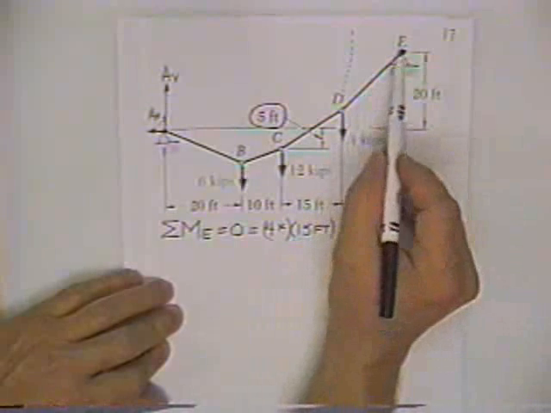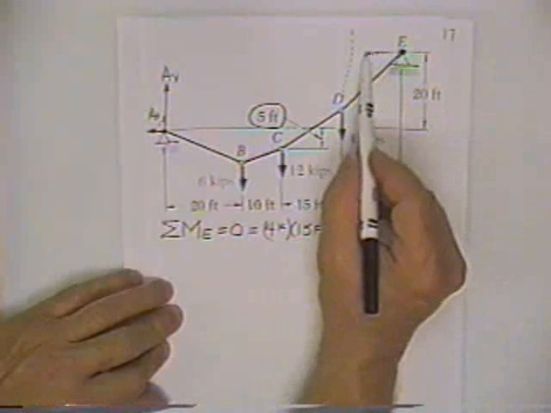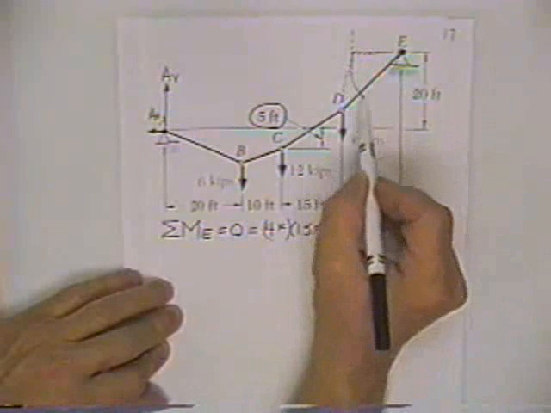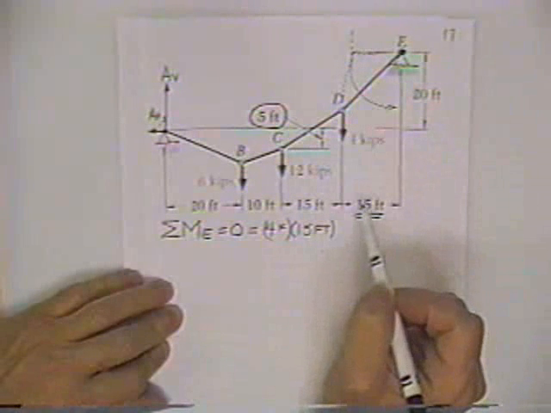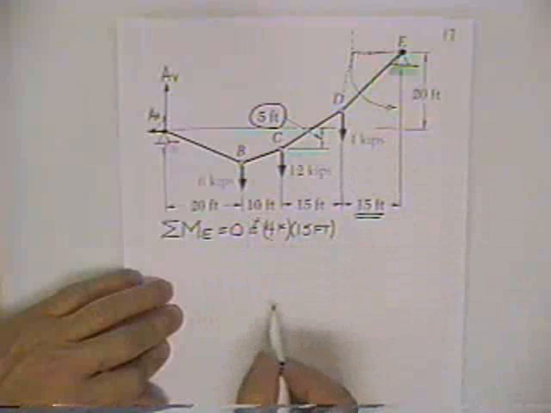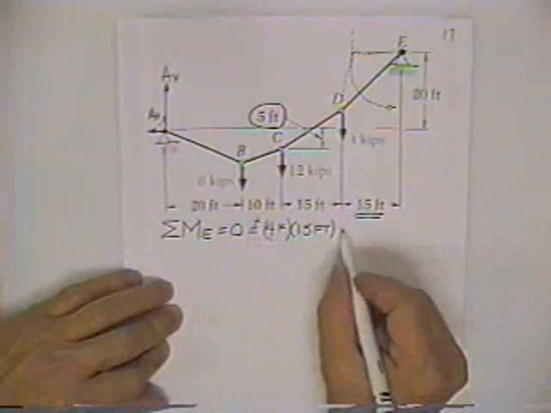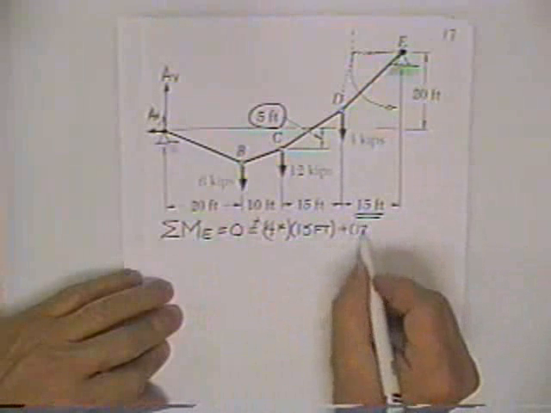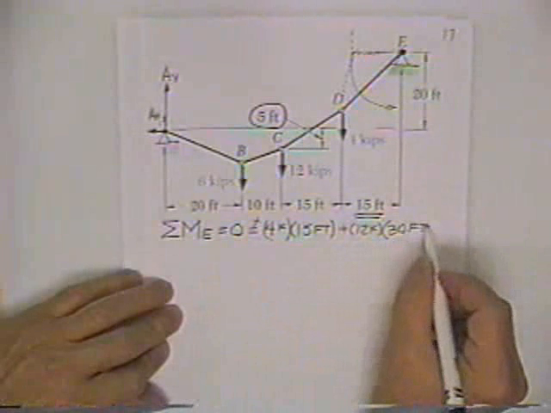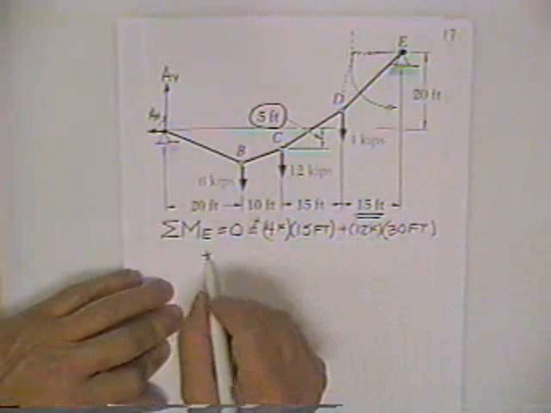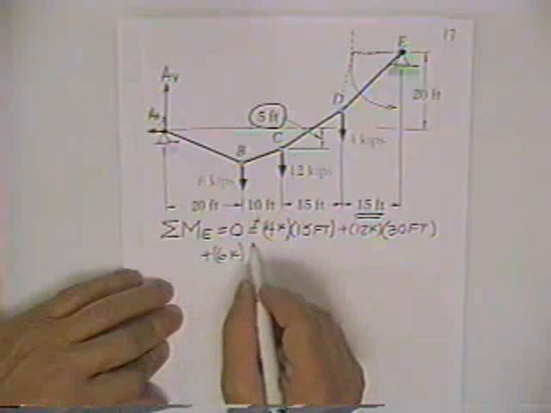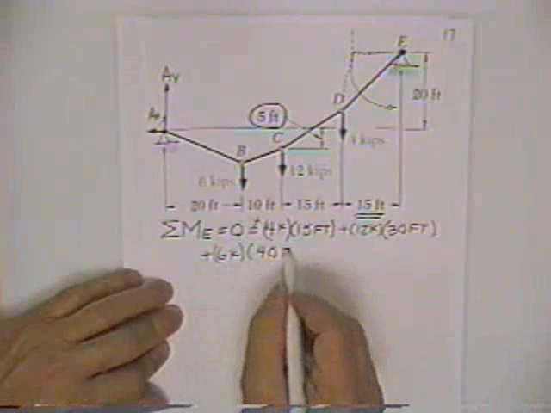And his tendency, once you tie this 15-foot piece of string to the force, you let it go, it would tend to roll this way, and that is a positive tendency to roll, so that's a positive moment. Plus, then the next one would be 12 kips times his moment arm. He's 30 feet away. Next, there's a 6-kip force, and he is 40 feet away.